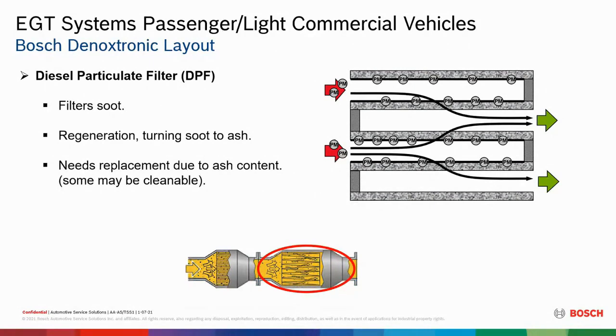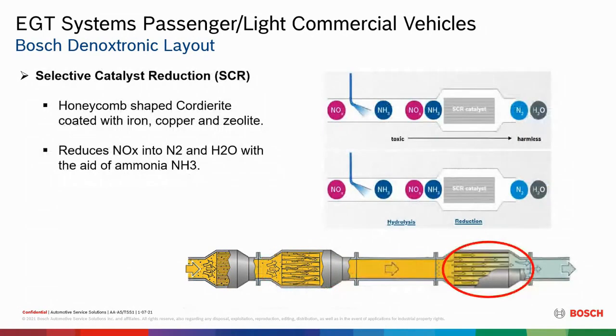All right, so let's add on the next thing in line. And I want to say the next thing in line, these two can be reversed. The DPF and the SCR, it doesn't really matter what order they go in. To give you an example, Ford 6.7 truck chassis, F250 and 350, if they're a cab chassis, they will have them in this order. The pickup truck style, I believe, will have them reversed.